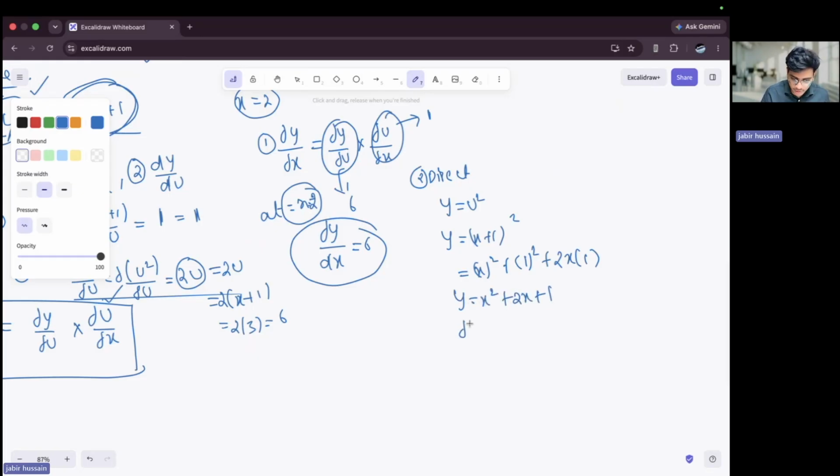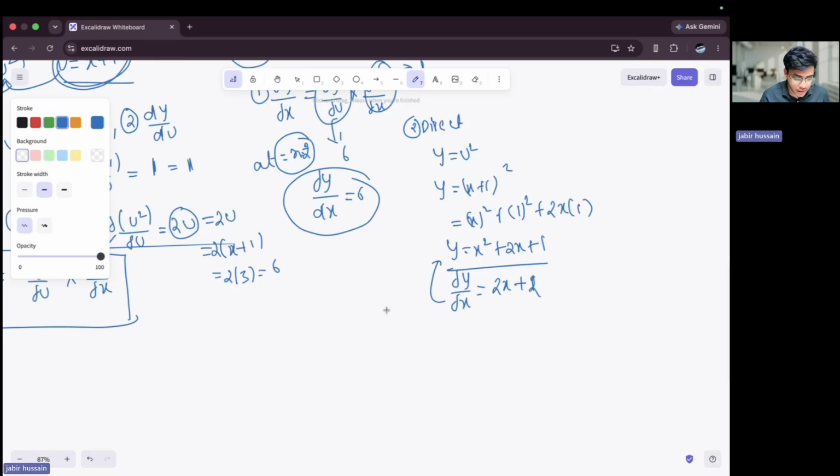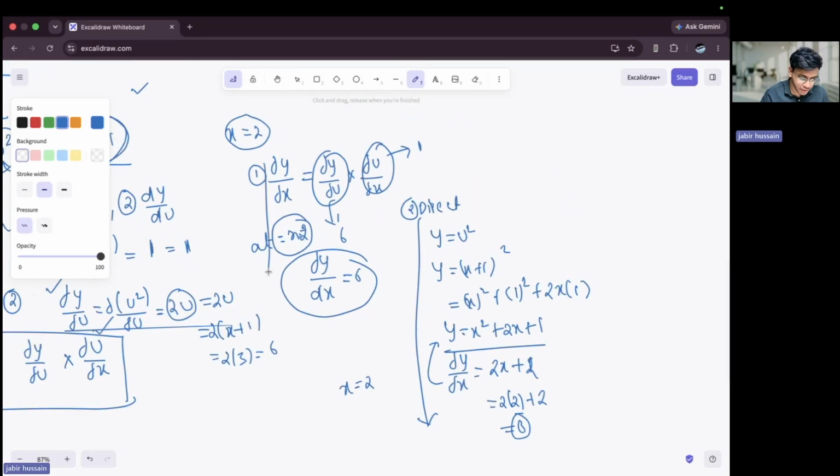Now if I calculate dy by dx, it will give 2x plus 2 actually, not 1. Now if I write x is equal to 2, then it gives 2 into 2 plus 2, which is exactly 6. So direct substitution is a long method, and the chain rule is a very two-step process, and both give me the right answer.